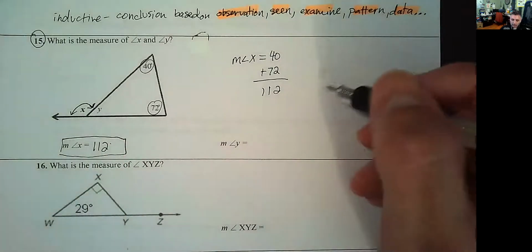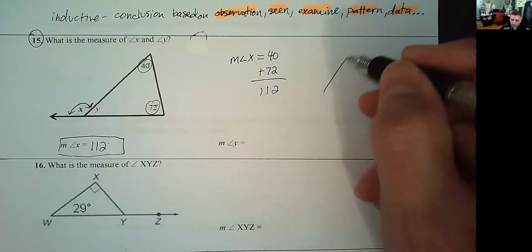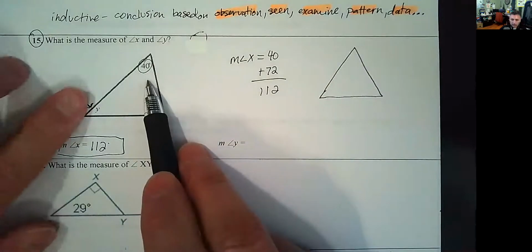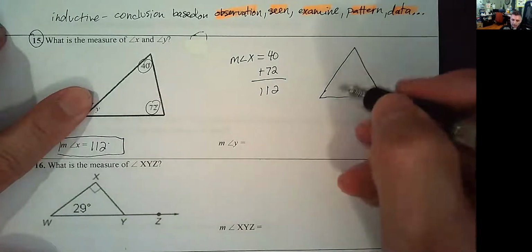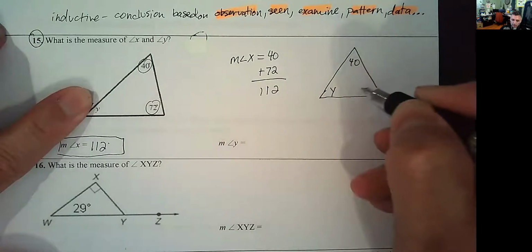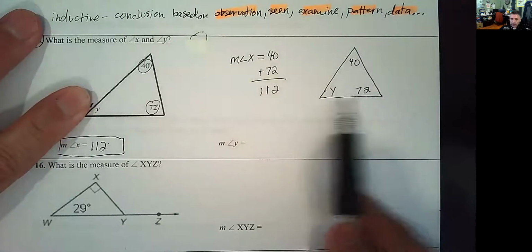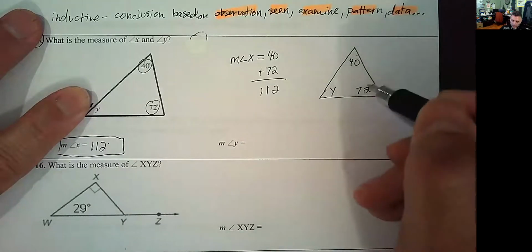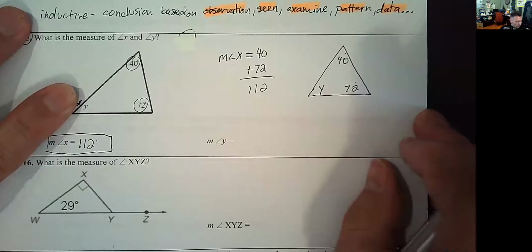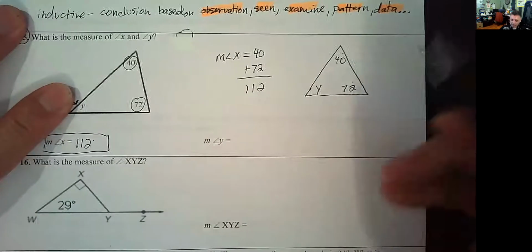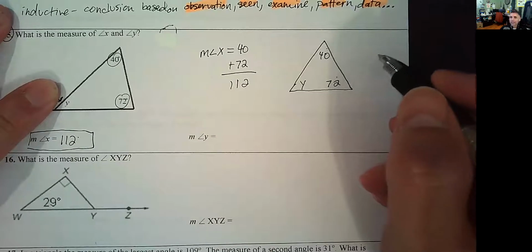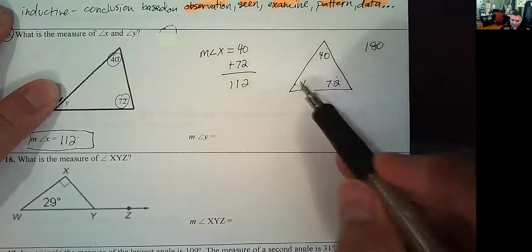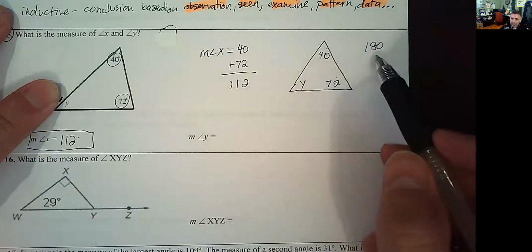And then y, there's actually different ways you can find y. I'm going to show you y this way first. So let's say you cover this up. I know y pretty much looks like this. Y is inside a triangle that has these angle measures. Okay. And shoot, I can't remember the name, but the triangle angle sum conjecture tells us the three angles inside a triangle add up to 180.